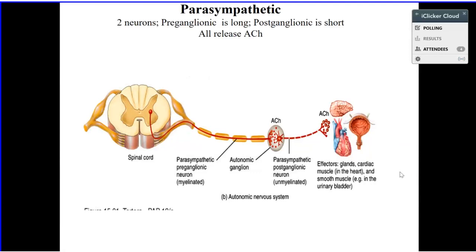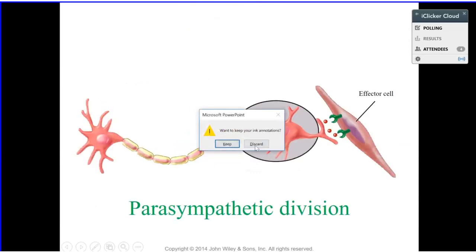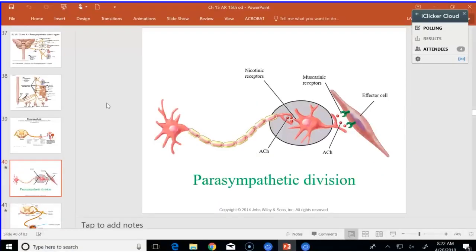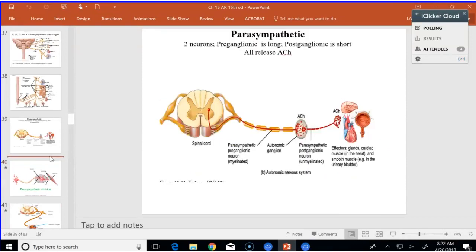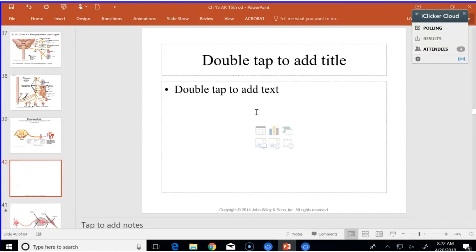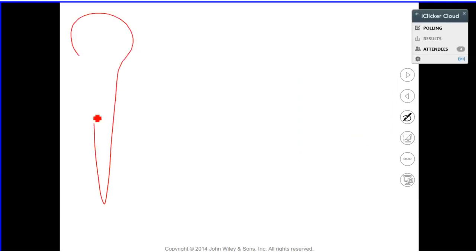So when we're looking at this picture that I gave y'all and y'all are filling it in, this is the picture that y'all have. Y'all have this sacral region and this cranial region. We have this first neuron leaving here.